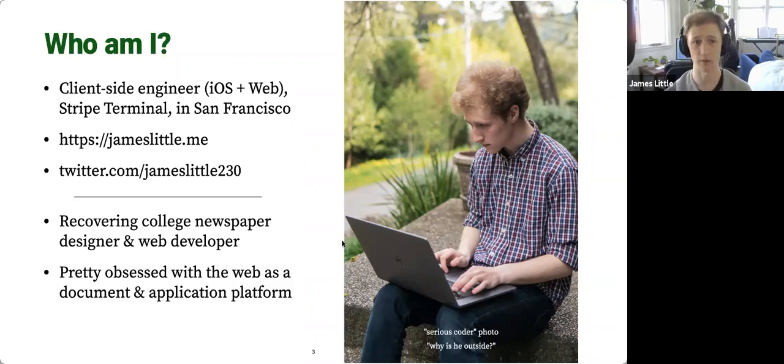But for my whole life, I've been fairly obsessed with the web as a document and application platform. Building websites has always been my pathway into computer science. That's how I got started. That's what I like to build, cool new web experiences, and watching how people are using the web as a publishing platform.